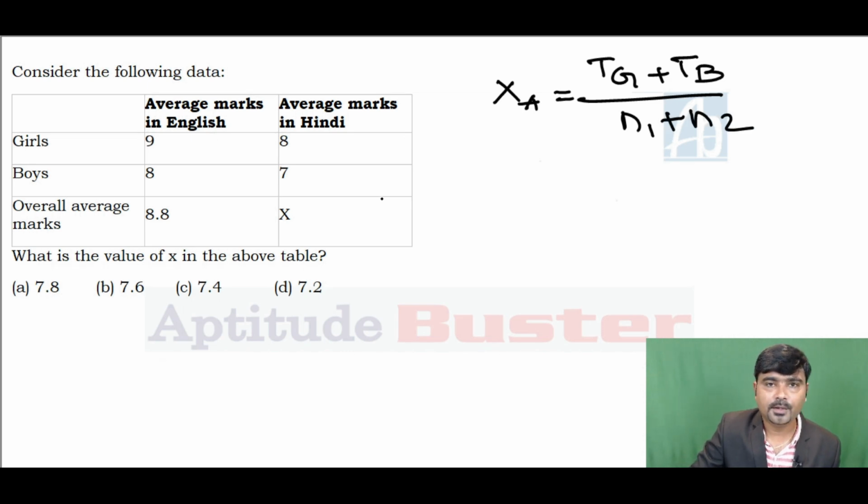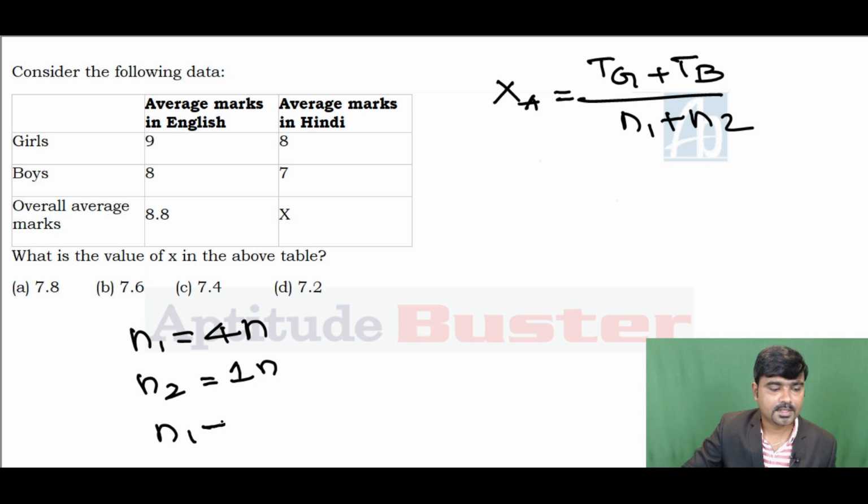The N1 we already know. N1 value is nothing but 4n. The number of girls is 4n. The number of boys is 1n, right? So total N1 plus N2 is equal to, what is that? 5n.